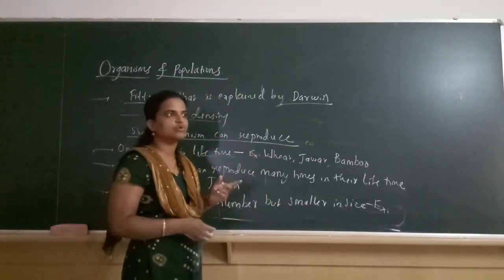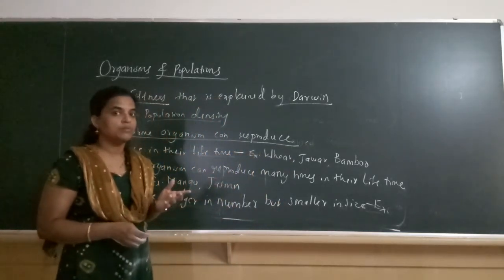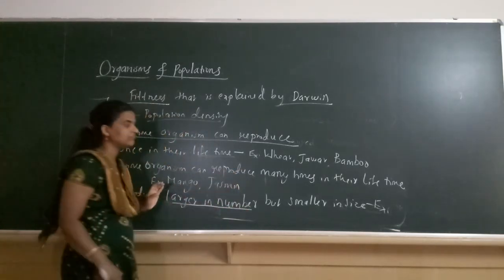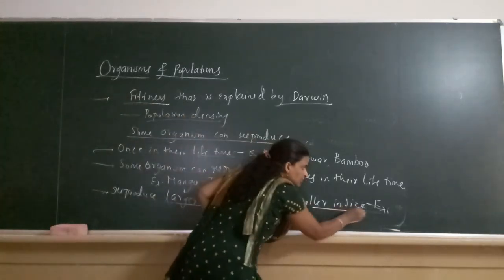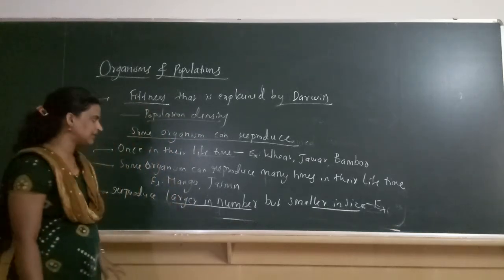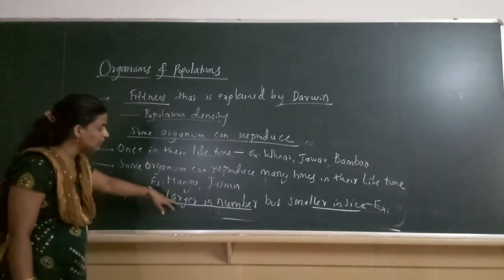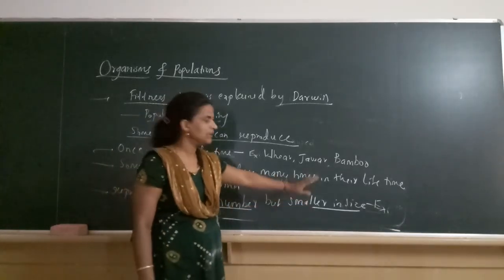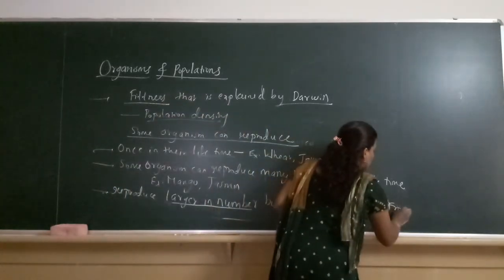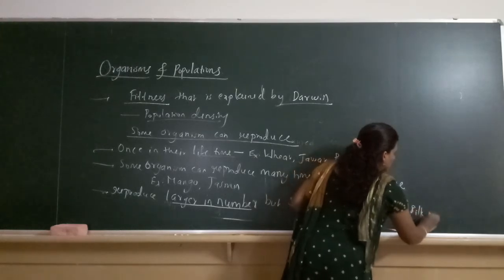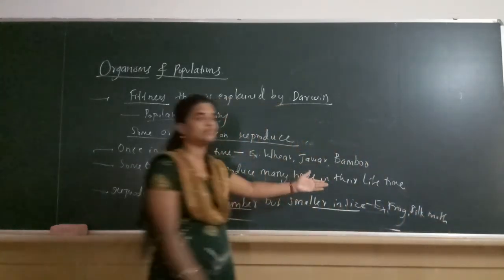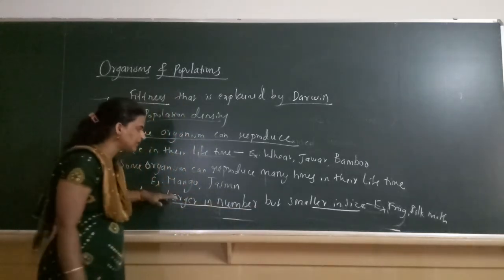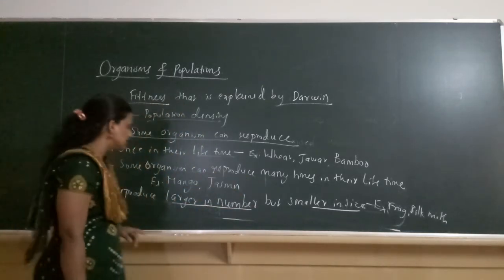Okay, how many eggs does it give at a time? 300 to 400. The offspring's number is large, but the size is small. Frog, silk moth, almost all insects are examples. For example, our mosquito is an example for that. Their offspring number is large, but their size is small.